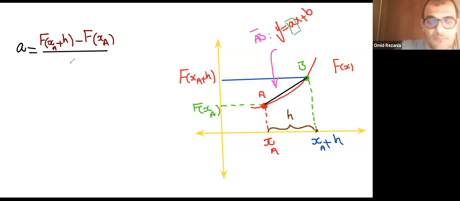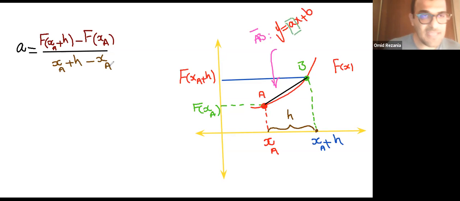divided by what? Right now look at this, it is going to be very interesting. We keep the same consistency of the order of the points that I'm interested in. If I started with the value of f of xa plus h, then I know that I have to be consistent. I write xa plus h minus xa itself. That's the thing which we have seen a couple of years ago, and we have no problem with it.